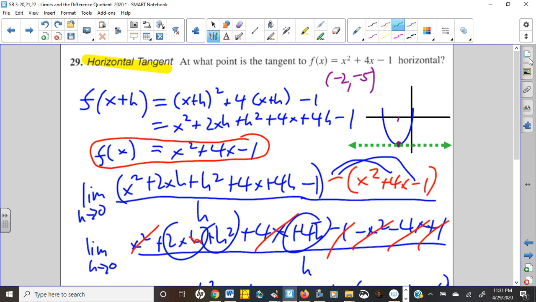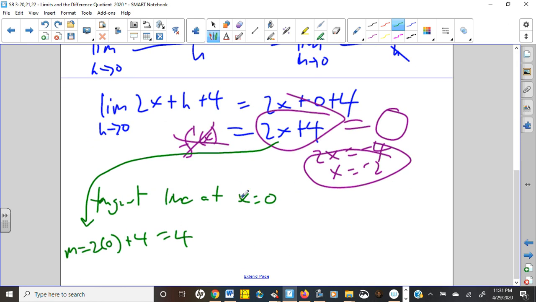It would be, because if I put a 0 in here and a 0 in here, all that's left is 4. So the slope of the tangent line at 0, negative 1 is 4. Now if we do y equals mx plus b, and put the slope of 4 in with a 0 and a negative 1.